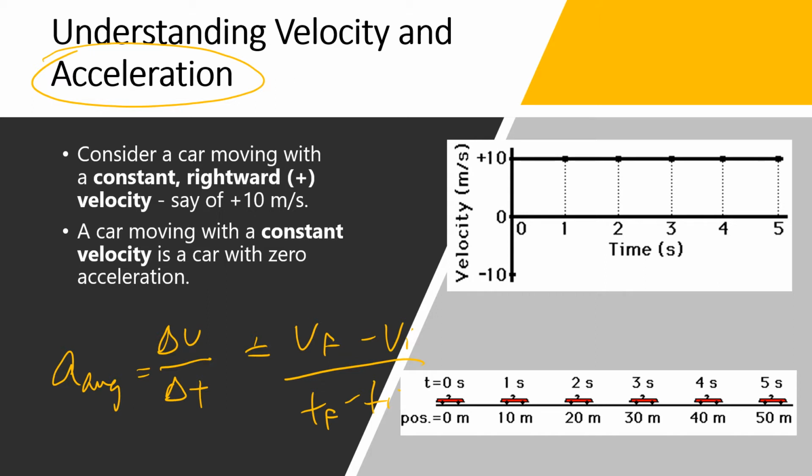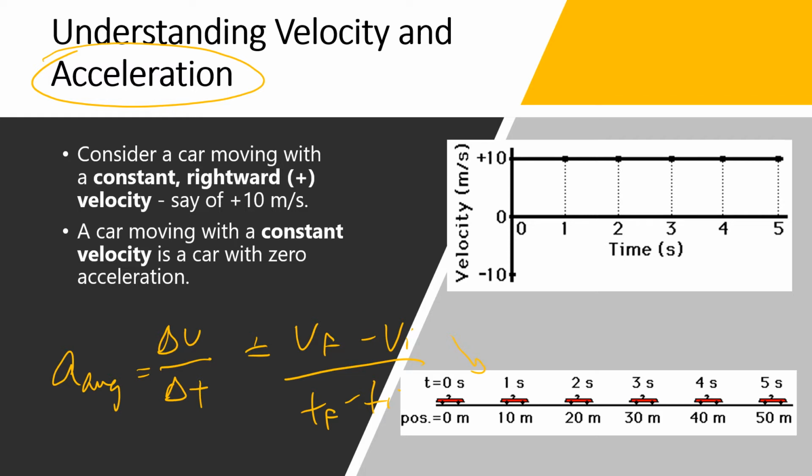So this car right here is moving in a rightwards direction at a constant velocity. Notice how at each position and each second, it's the same distance in between. So this car is moving at a constant velocity.